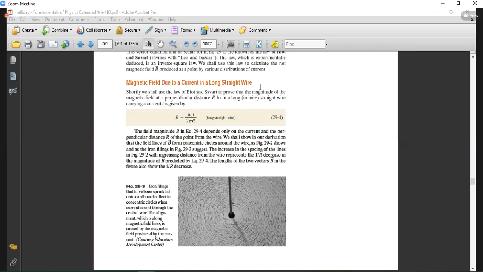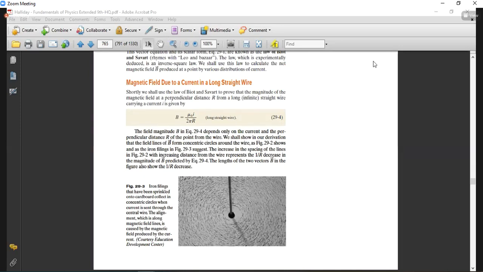Less congested, obviously, because as you move away from the charge, the strength of the electric field will reduce. As a result, the electric field lines, which represent the strength of the electric field, will get less congested and more apart from each other compared to the field lines that are near to the charge.